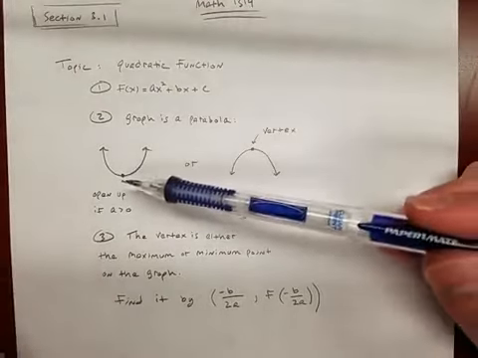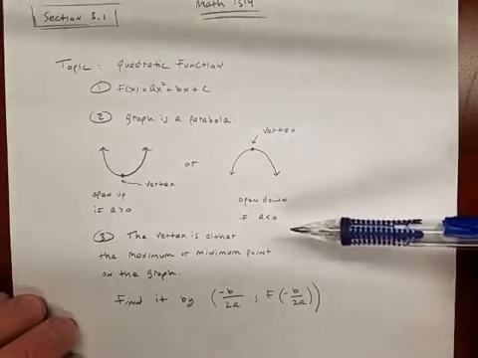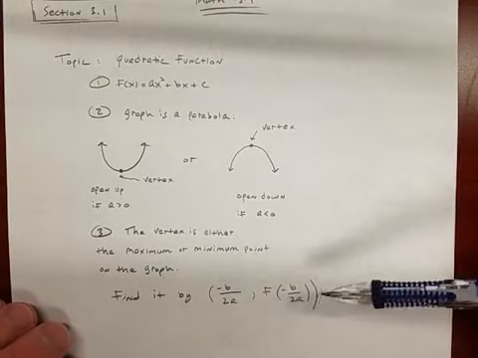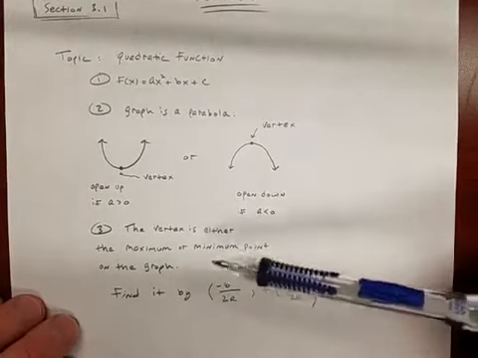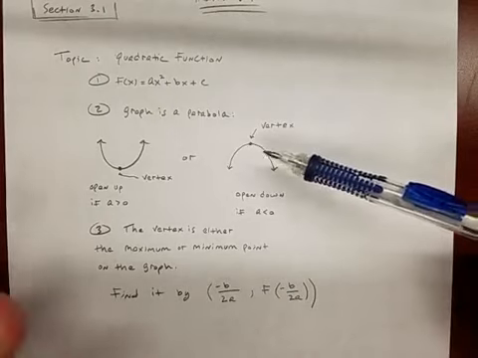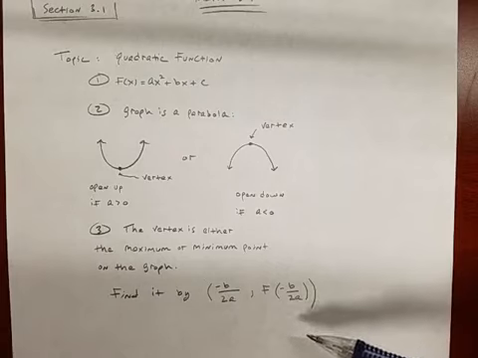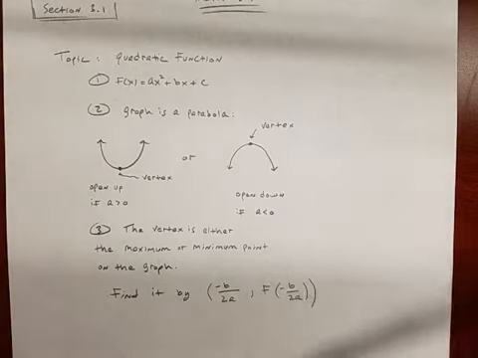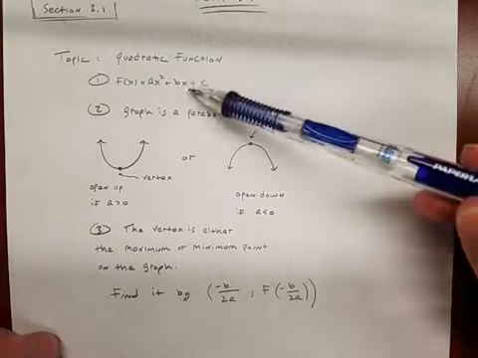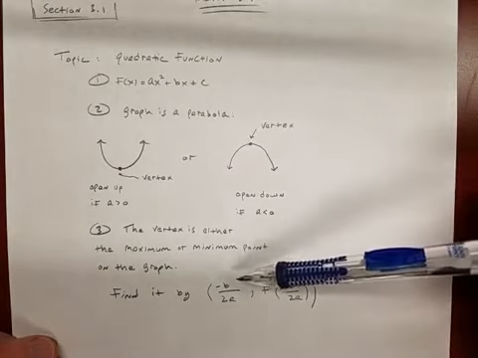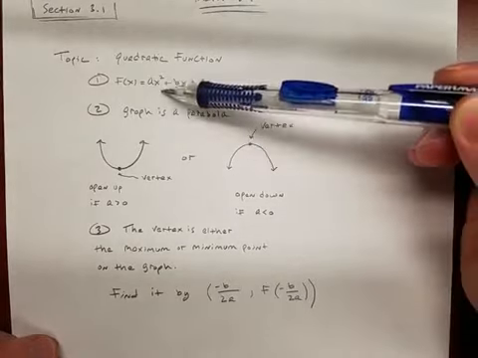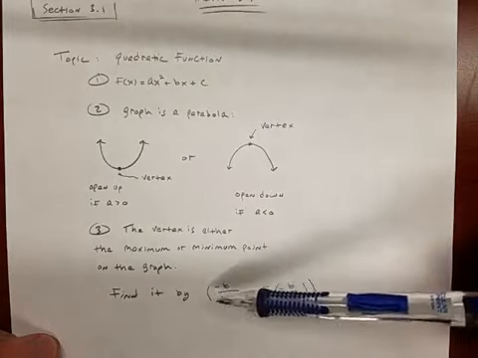Since the vertex is going to be an important point, I'll tell you how to find it. The vertex is a point, and every point has an x and a y coordinate, and that's how you find both of them. Take the opposite of b over 2 times a, and that's the x coordinate.